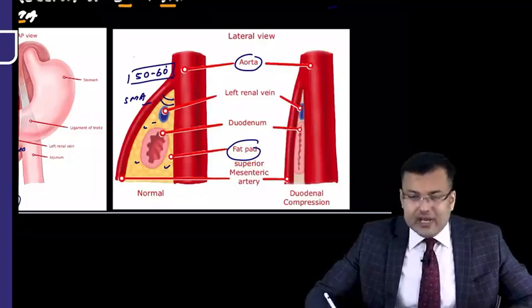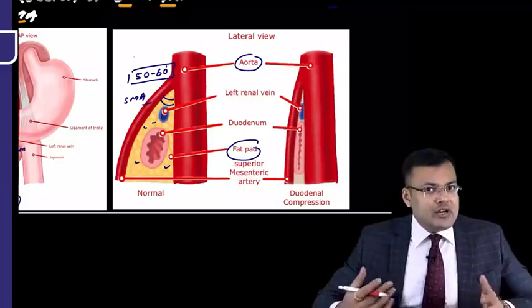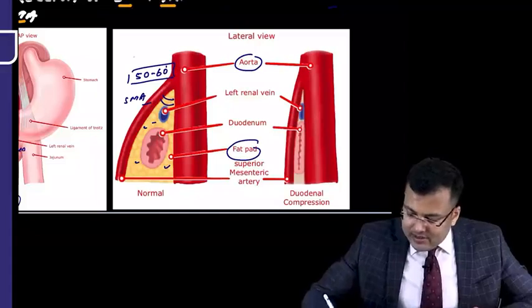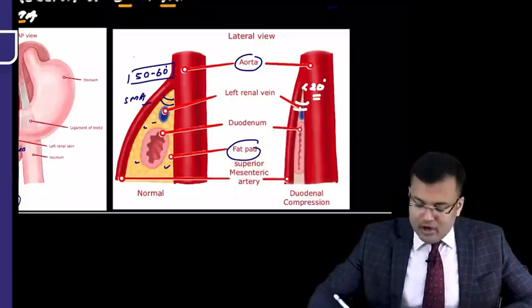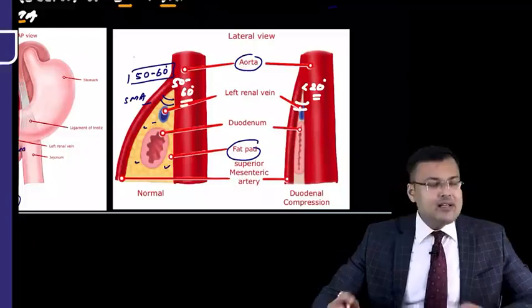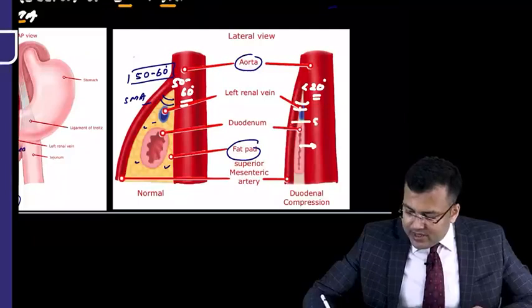Any patient in whom there is rapid weight loss, rapid gain of height, prolonged immobilization or cast application, in that case the angle becomes less than 20. Normally it is 50 to 60 degrees. So when the angle is less than 20, you can see this duodenum is being compressed by the superior mesenteric artery.